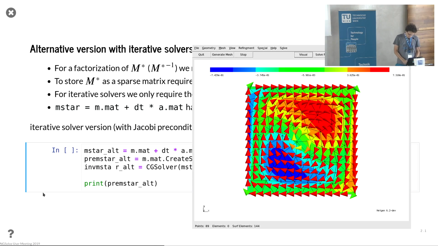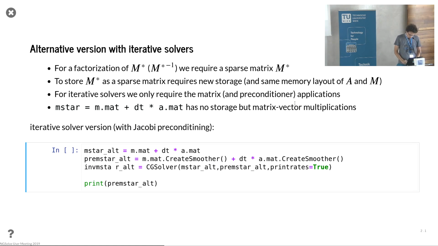Okay, so as we learned already, we can also work with base matrices and iterative solvers. So you could also think about not really creating a sparse matrix with new storage and new values for this M-star matrix, but just defining the matrix through its operation.